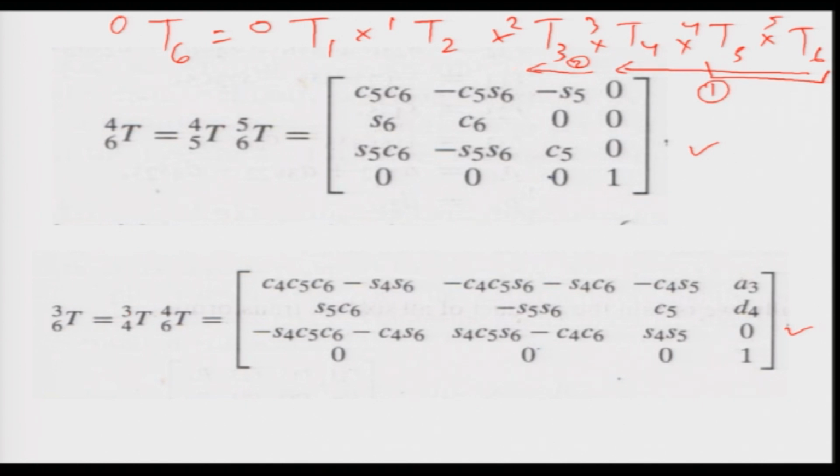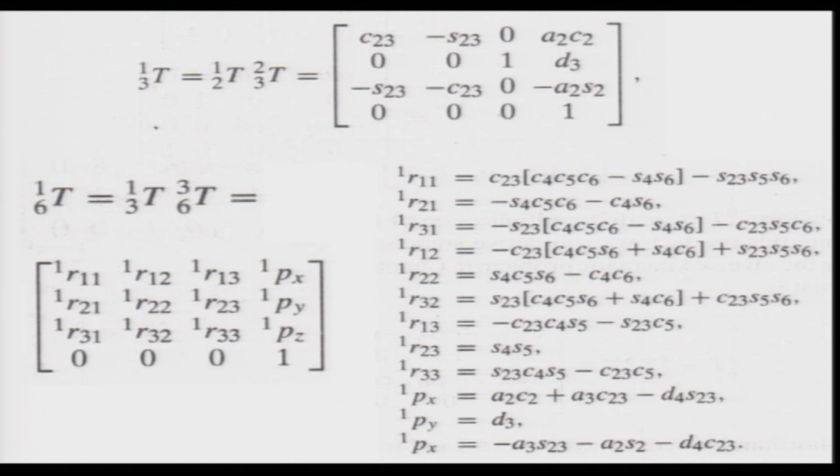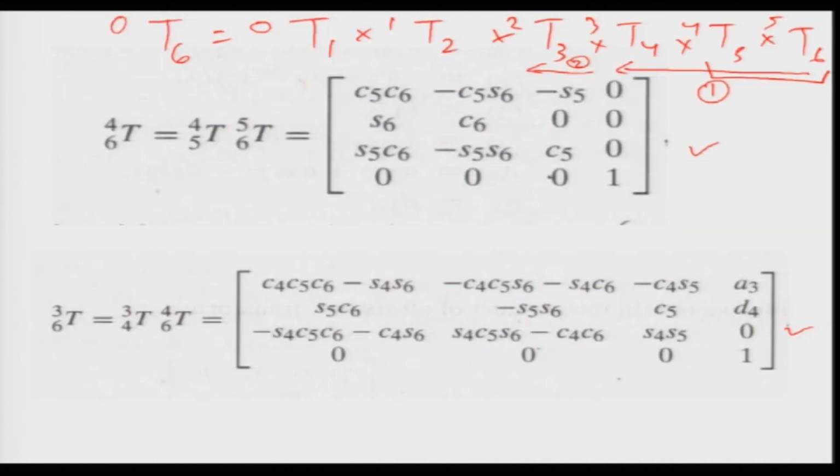And then what will we do? We will multiply 1 to 2 again. So, what we do is we multiply 1 to 3, okay. So, let me come here. First we multiplied these two, 5 to 6, okay. This is the one we first multiplied.